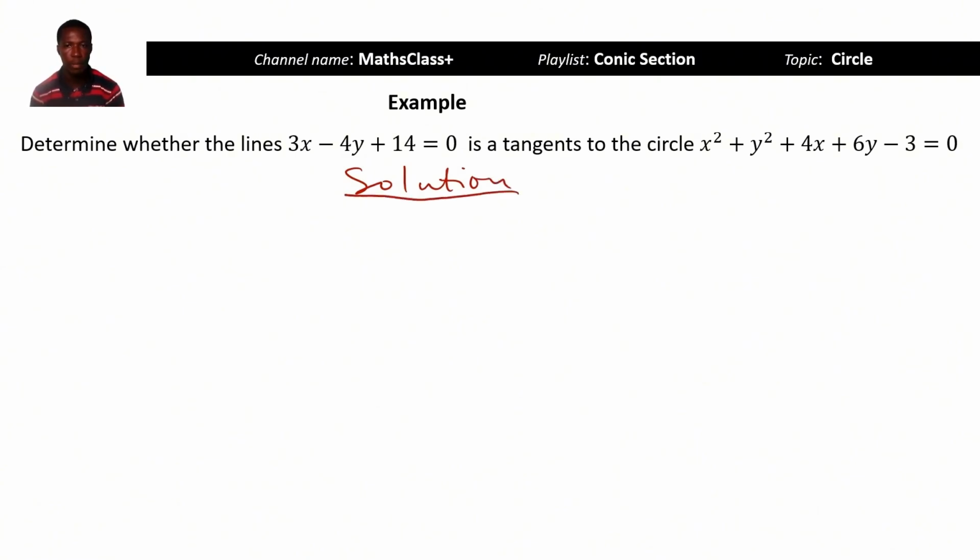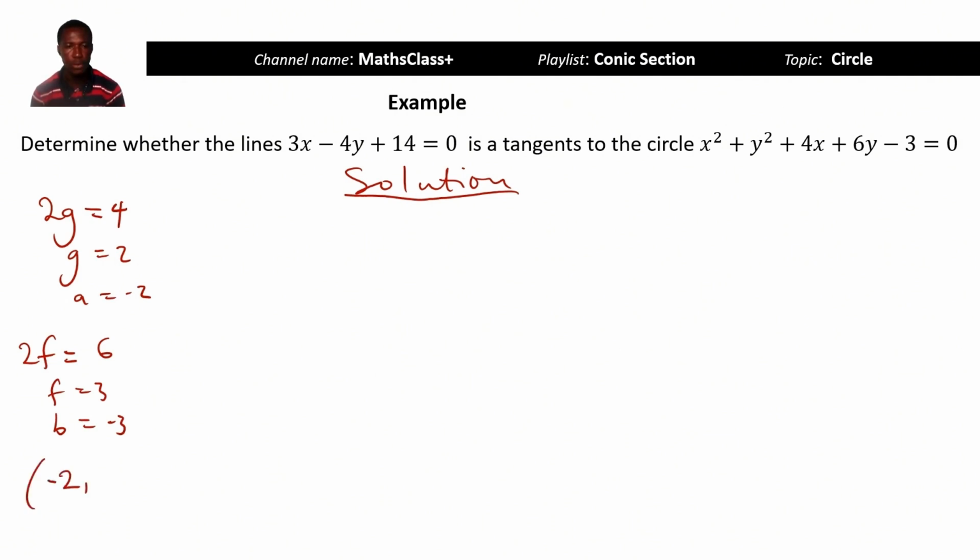So if we compare, we see our 2j to be equal to 4. So j is 2 and a is minus 2. Then 2f is equal to 6. So f is 3 and b will be equal to minus 3. That means the center of the circle will be negative 2, negative 3.